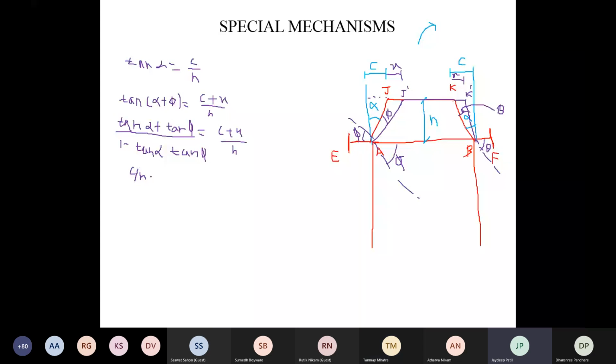You have to put the value of tan alpha here, C by H, so you will get the equation C by H plus tan phi, divided by 1 minus C by H tan phi, is equal to C plus X upon H.